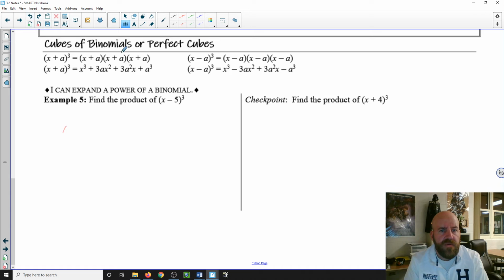So x minus 5 quantity cubed, we're going to lay it out like this. So we have our x value, which is the first term there.